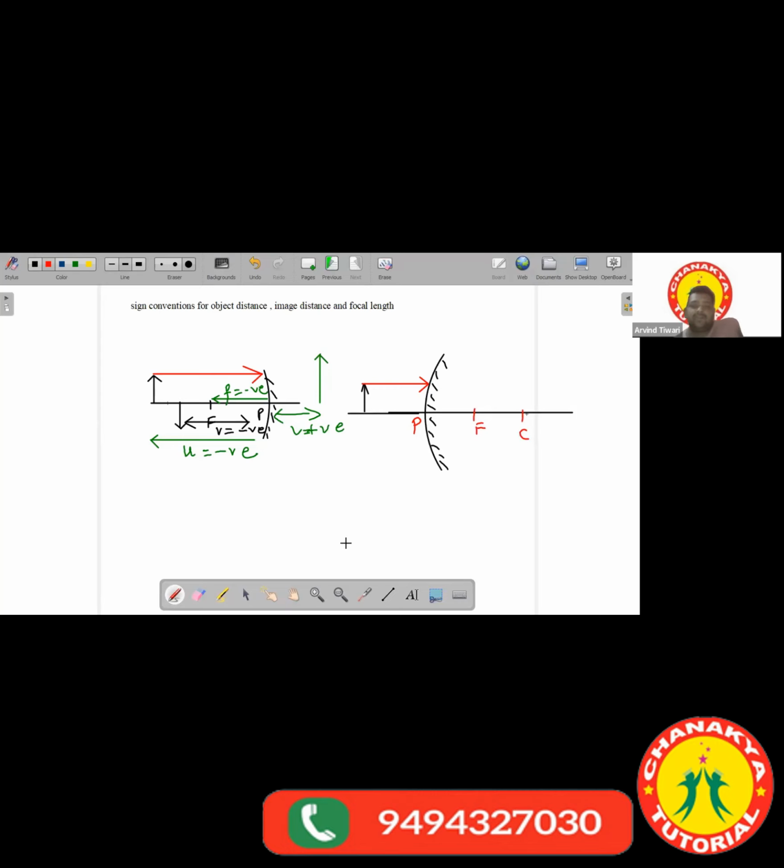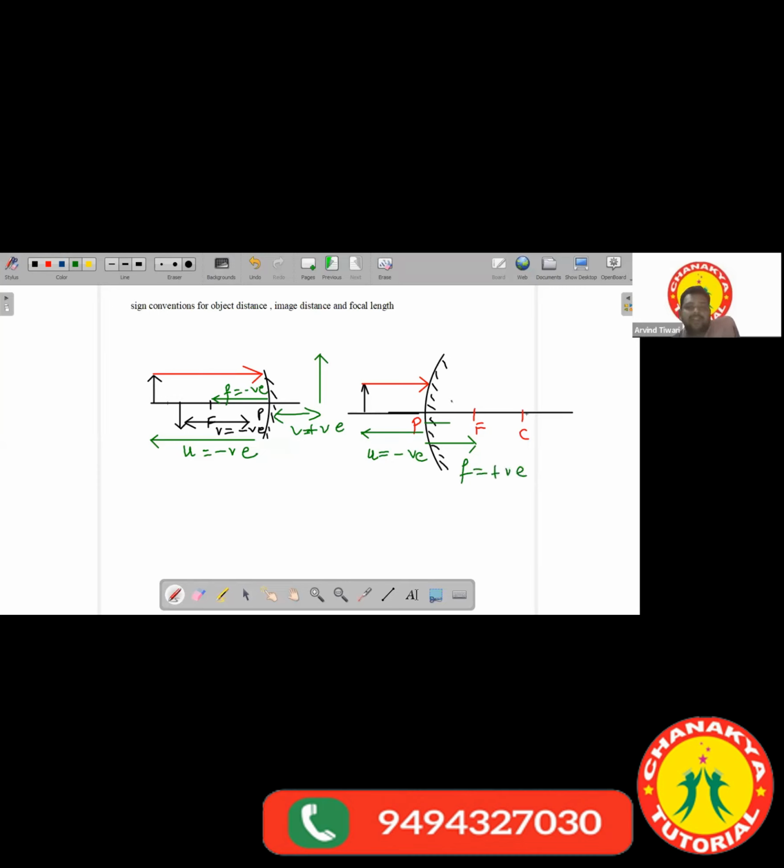Now observe the focal length, image distance and object distance. What can you say about the object distance? It's negative. Focal length, positive.